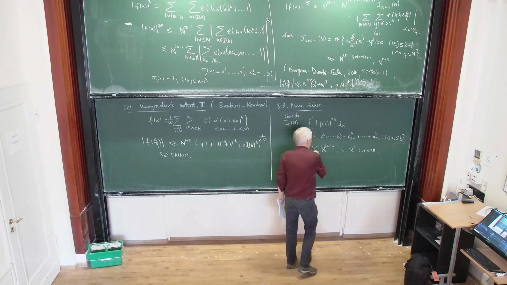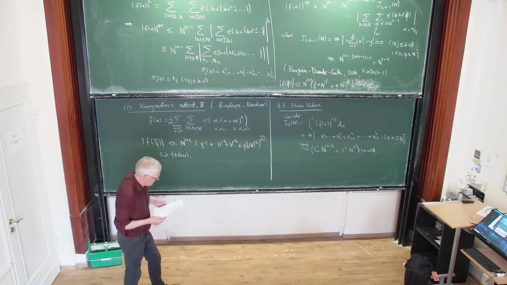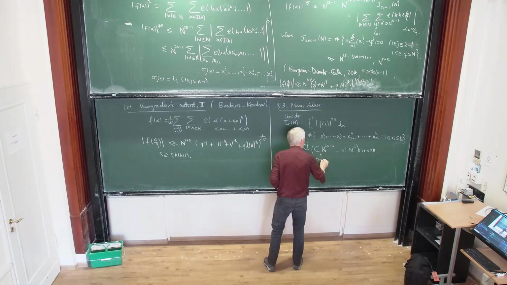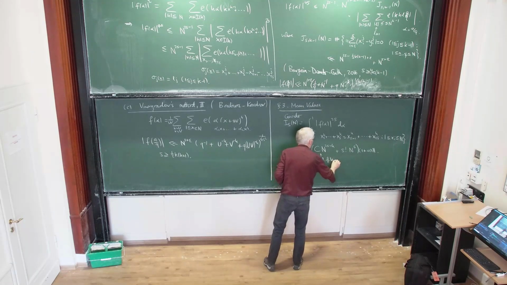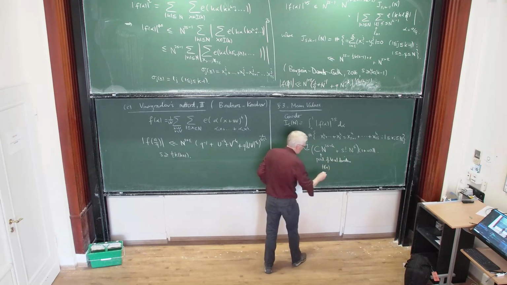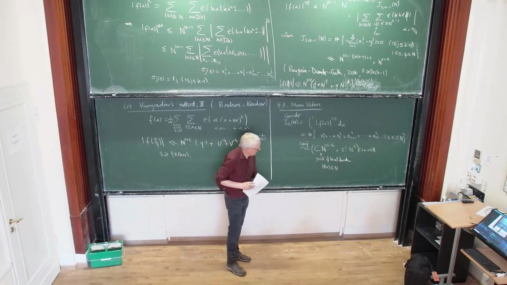Actually, I should maybe do this. So there's a contribution from the product of local densities. And this product of local densities reflects the contribution from h of alpha less than or equal to n, let's say.